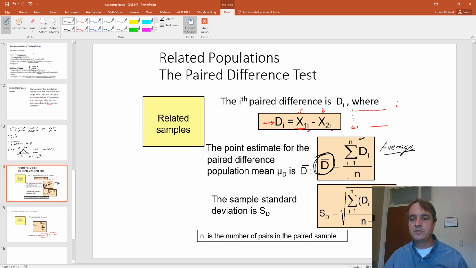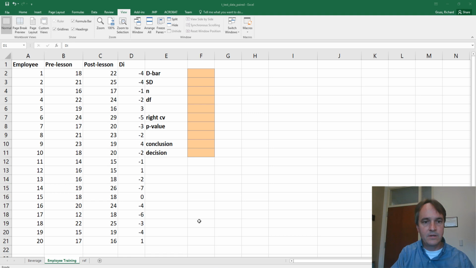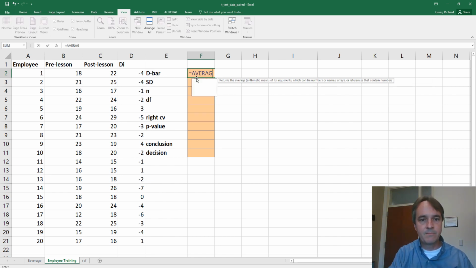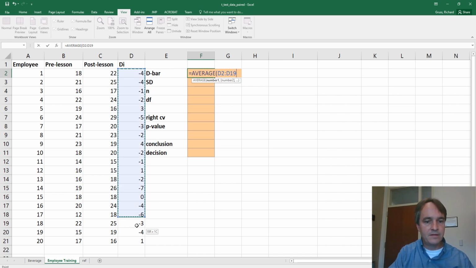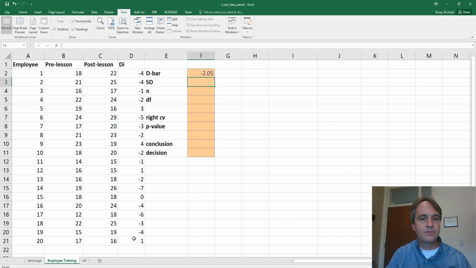So d bar is easy to find. We'll just find the average difference. I've got all the various expressions that I need over here, and I'm going to put their values in orange. So d bar is just going to be the average of all these. On average, people's scores went up. But once again, this is not enough to draw a conclusion. Is that a significant difference?